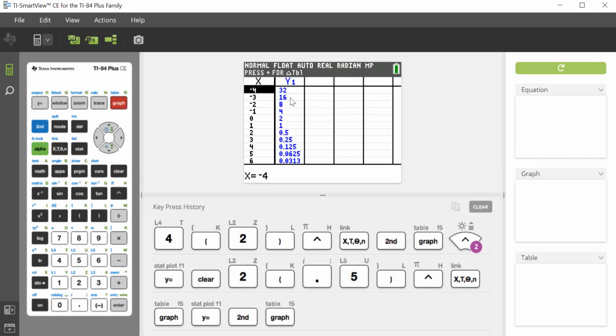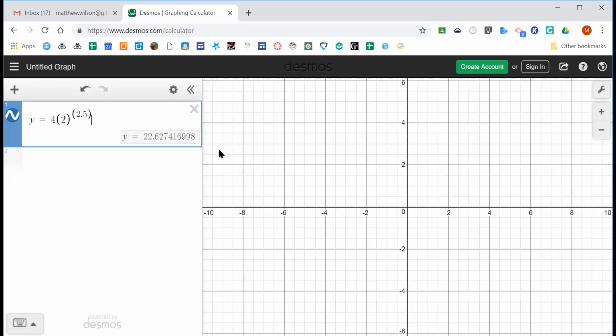And then second graph will take you to your value. So you can even see the visual of your y values decreasing and getting into the decimal values as x is increasing. So you can use this to fill in a table, or if I ask you on homework to create a table, you can use your graphing calculator to do that. Or you can go back to Desmos. If you don't have a graphing calculator, it's not a big deal.